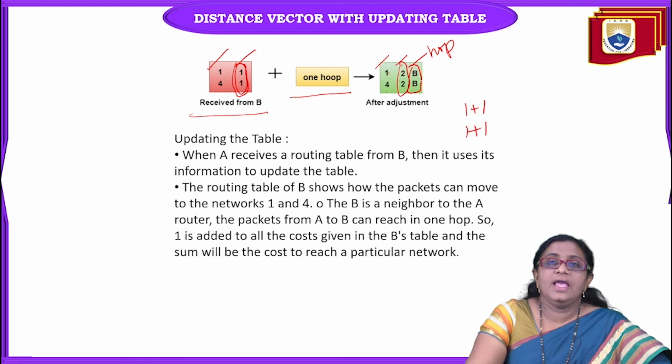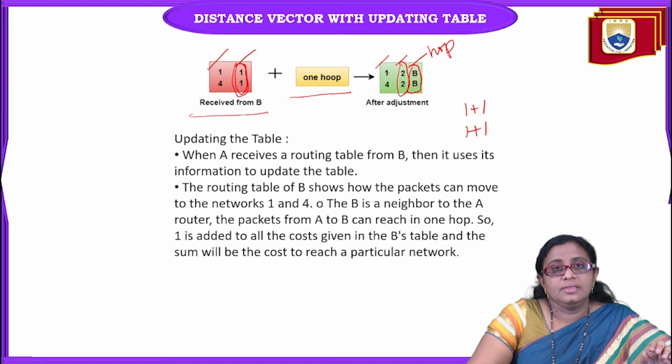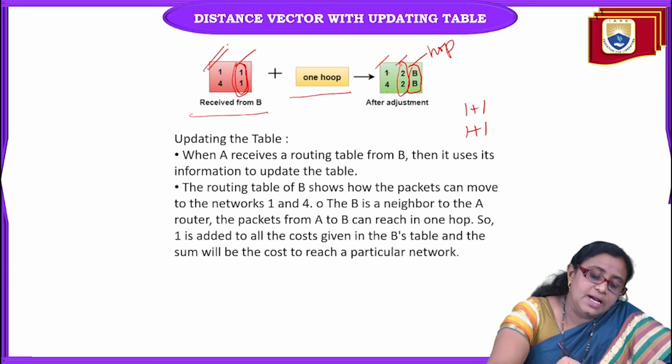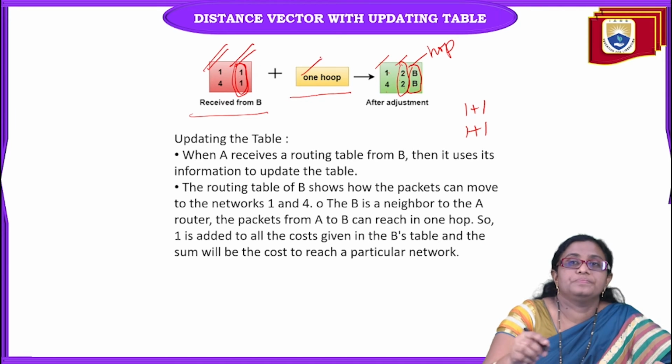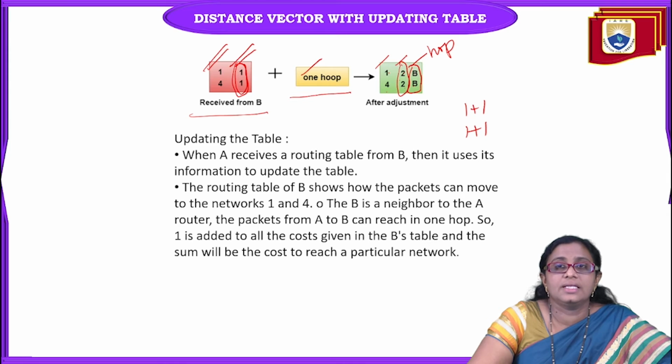Update the table. When A receives a routing table from B, it uses that information to update its table with three keywords: first the net ID, second the cost of the link, third the next hop.